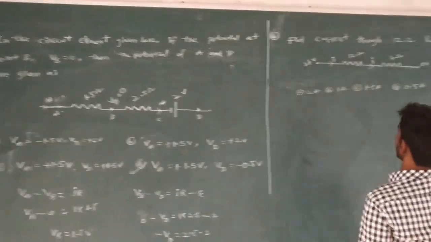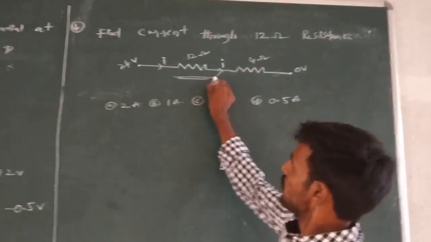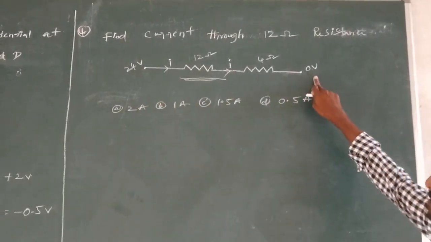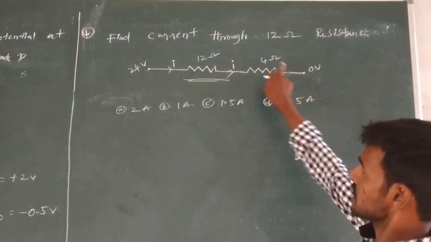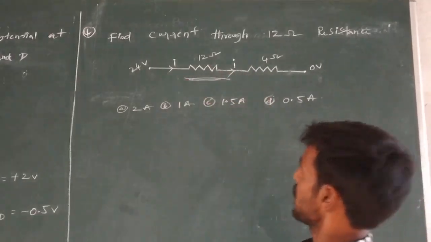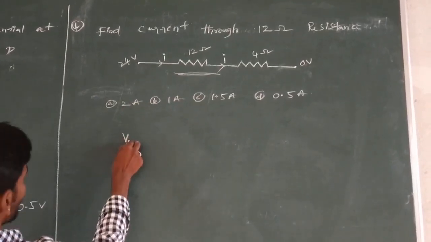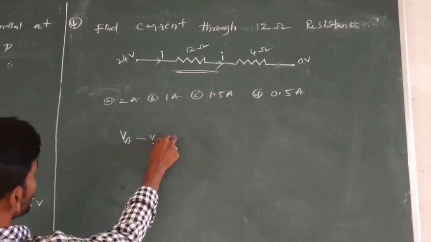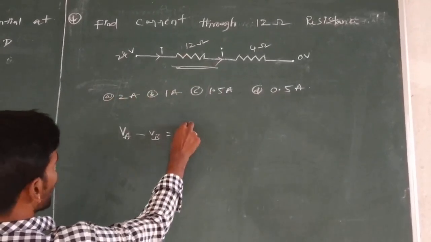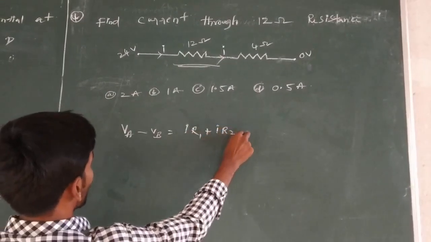Next question: find the current through the 12 ohm resistance. One end is at 24 volts and the other end is at 0 volts. A 12 ohm resistance and a 4 ohm resistance are connected in the circuit. The current flows from higher potential to lower potential, so VA minus VB is equal to IR1 plus IR2.